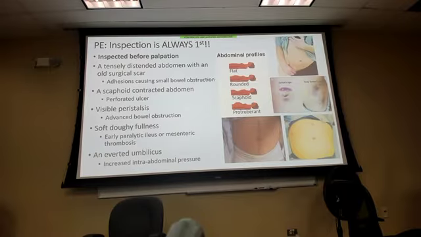If I have somebody who has a soft, doughy belly and pain out of proportion in their belly, my first thought is mesenteric ischemia. They have some sort of clot in their vasculature and their gut is dying. Now, there are a lot of other things that can cause a mesenteric thrombus.